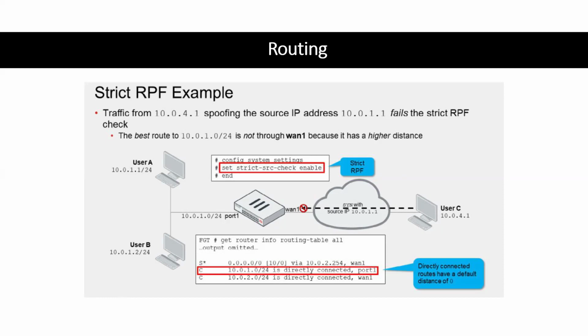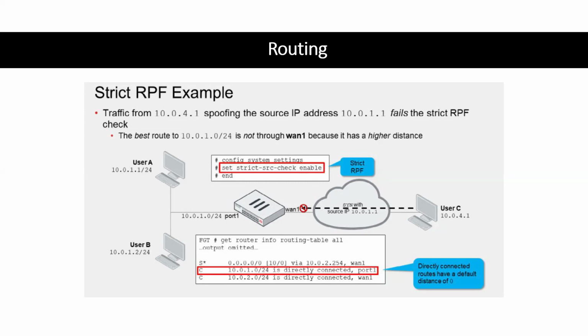Okay, so we have a path back to the source, back to user C. But the FortiGate's going to say, I have an actual path back to 10.0.1.0 that's a little bit better and has a better administrative distance than what I received this on, on this static route.